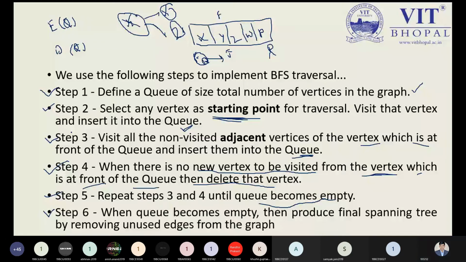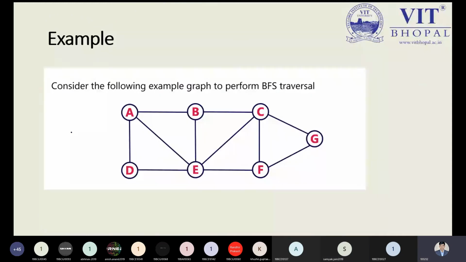If this algorithmic step or general idea of the activity performed by BFS, breadth first search, is clear to all, then shall I move ahead with the numerical part? Yes, sir. Okay, so it is a better idea to take the same example we have over here and try to solve it at your level.